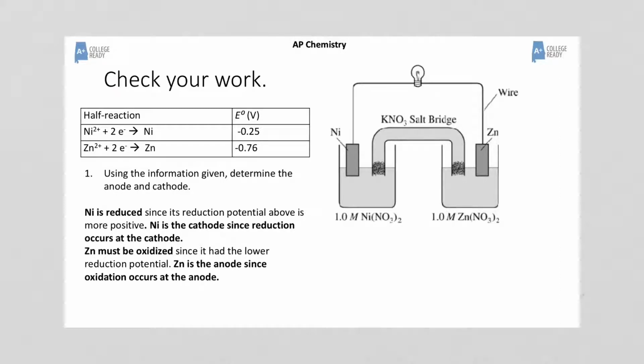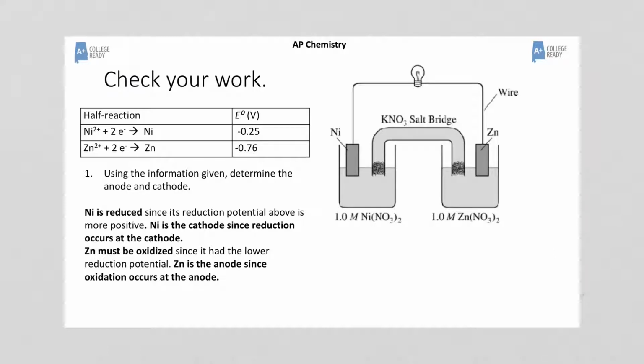So for number 1, we have these 2 reduction potentials given in the table. As we said earlier, the higher potential will stay reduction and the lower one will be reversed to be oxidation. So nickel would stay reduced and its value would stay that negative 0.25.